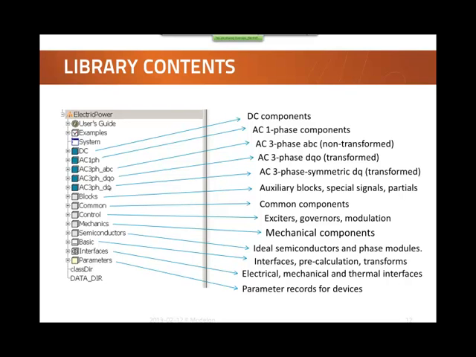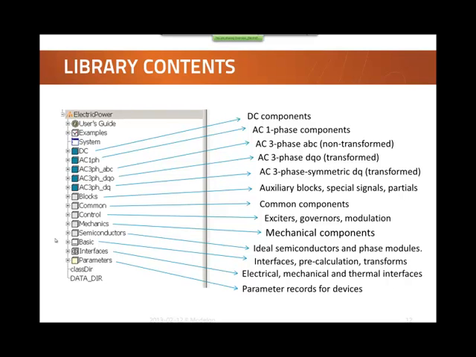The DQ representations are transformed reference frames to allow for increased simulation speed, and the DQ is a symmetrical variant of the DQ0 reference.